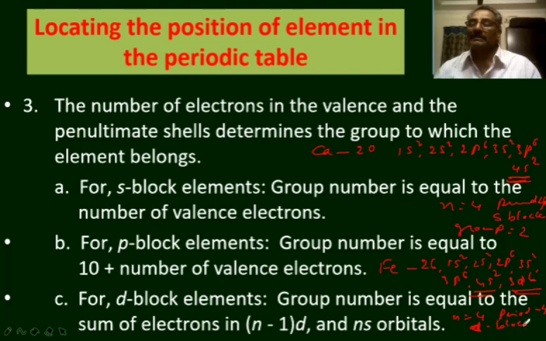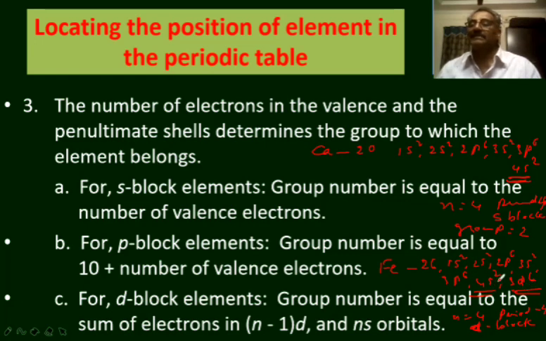We need to decide the block also. Then only can we find the period and the group. In the case of d block elements, the group number is equal to the sum of electrons in the n-1 d shell and ns shell. Here the ns shell is the 4s shell and the n-1 d shell is the 3d shell.